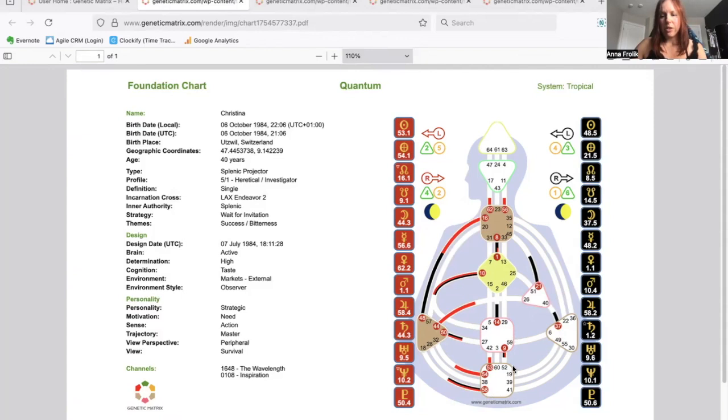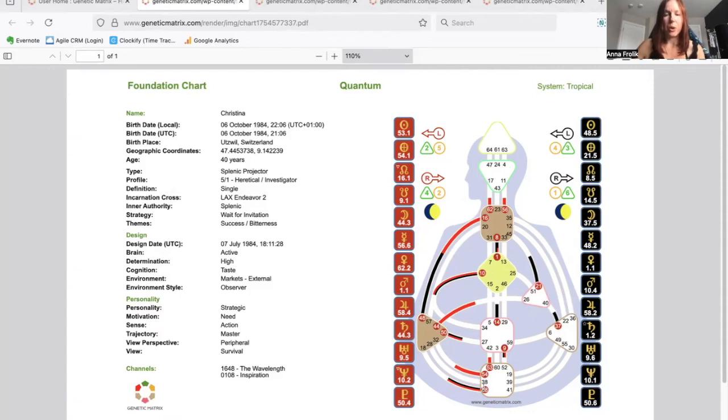Then you have an undefined root here as well, which is really your sense of timing. It's also connected to the adrenals. And the biggest challenge of the undefined root is feeling pressure. So, feeling time pressure, often it will manifest as that pressure to do, but it's really pressure that comes from the outside, from other people around you, especially people who have a defined root.